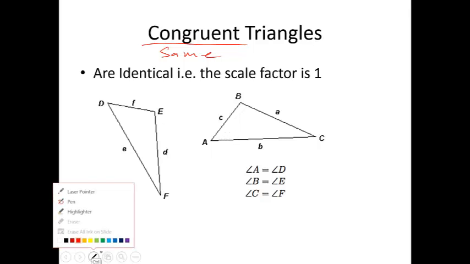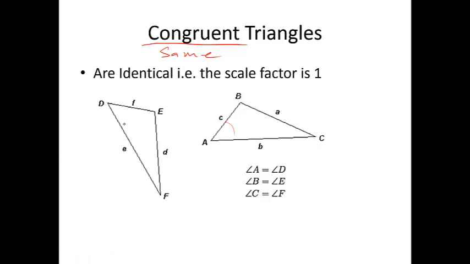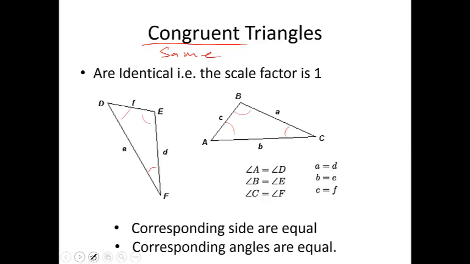So this angle here would be the same as that angle there. This angle here must be the same as that angle here, and this angle here, angle C, the small angle, must be the same as the small angle here, and each of the corresponding sides are also the same. So we have corresponding sides that are equal and corresponding angles that are equal. That's what congruent triangles are.